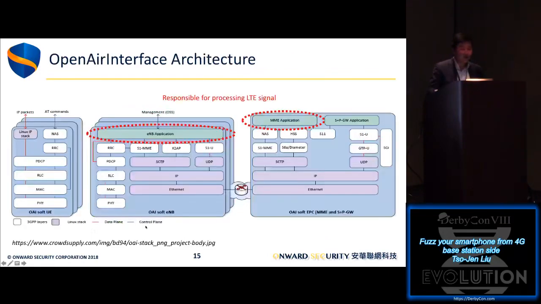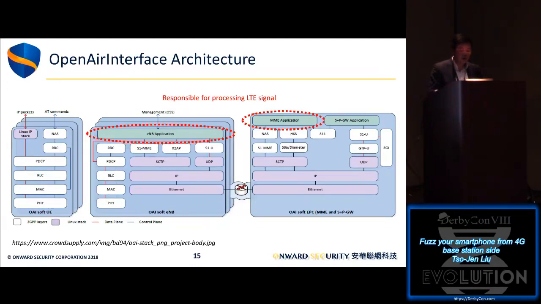So you have to take a closer look at the OpenAirInterface architecture. In this picture, you can find the eNB application and the MME application. These two applications are the most important parts in OpenAirInterface. You can check how OpenAirInterface implements the different layers, like the RRC in the eNodeB.